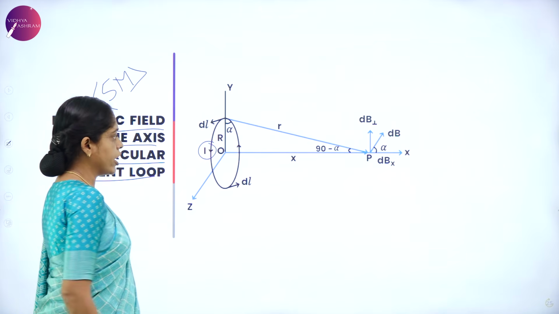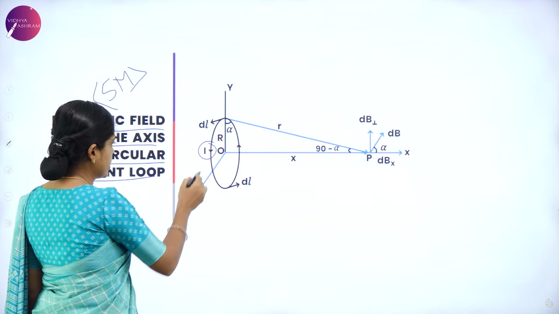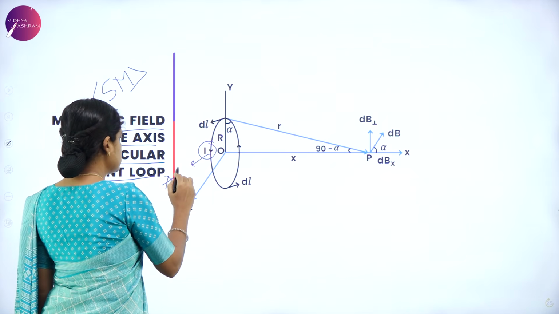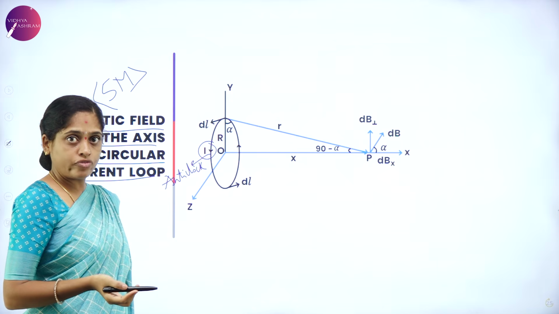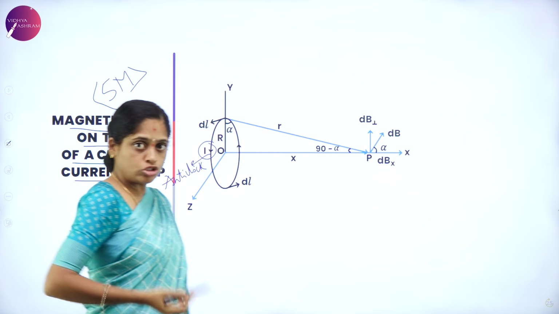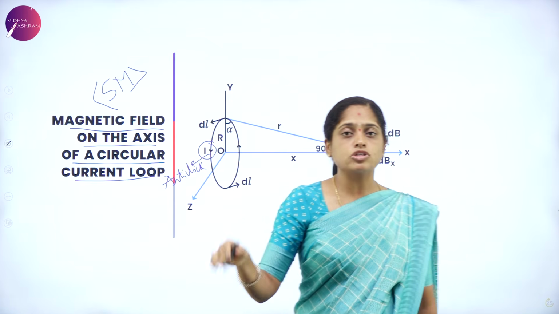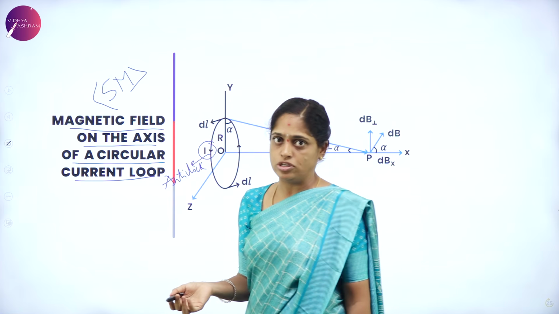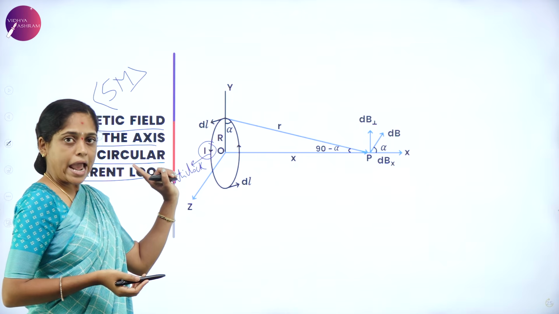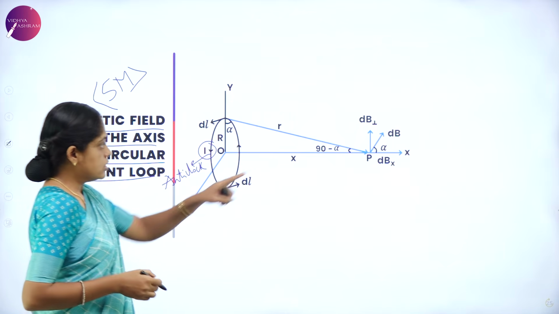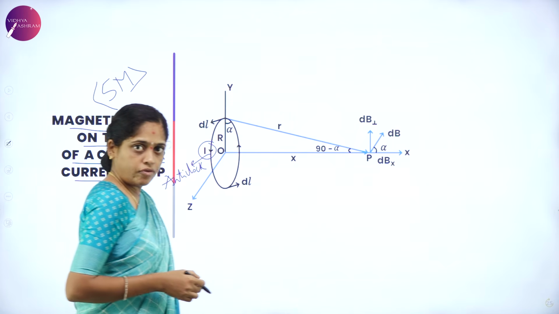The direction of current is anti-clockwise. Don't change the direction of the current. When you change the direction of the current, the direction of the magnetic field also changes. When I consider the direction of current anti-clockwise, this is the direction of the magnetic field.